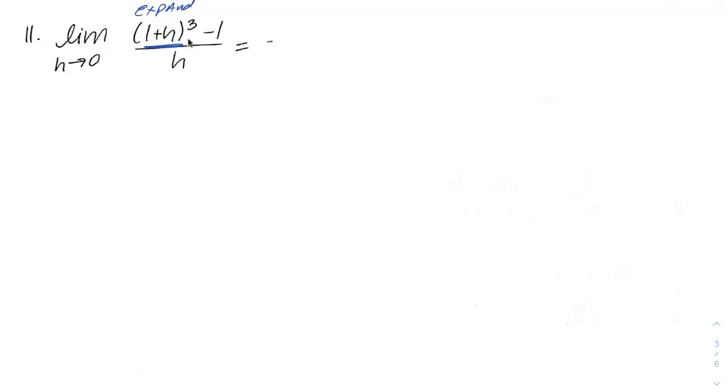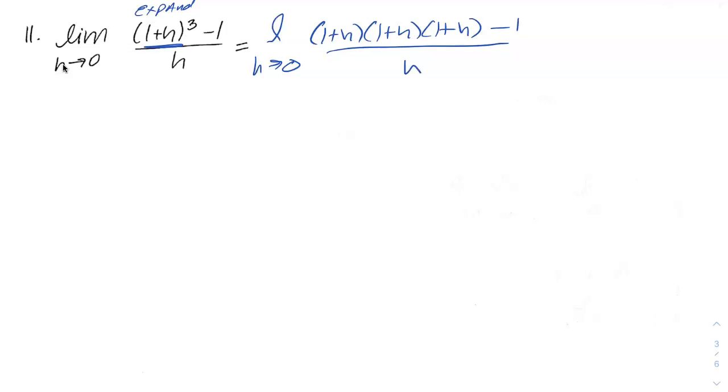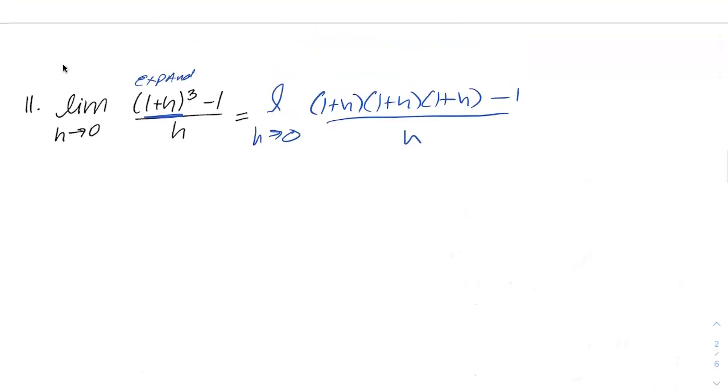and see what happens. So the limit as h approaches 0, again, you have to keep on writing the limit until you actually sub it in. Let's expand 1 plus h times 1 plus h times 1 plus h minus 1 all over h. Now if you multiply this all together, remember it's all done group-wise, so you do these two first. So 1 plus h times 1 plus h.